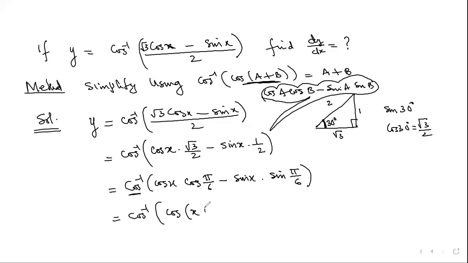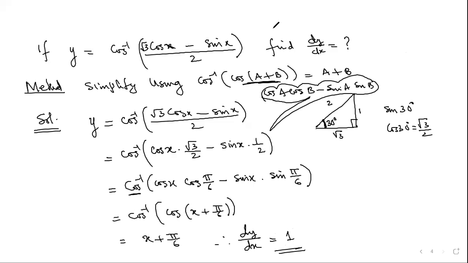Cos inverse of cos of x plus pi by 6, so it became x plus pi by 6. Therefore dy by dx is 1. Yes, Chirag, you will get x plus pi by 6 and you differentiate, 1. Yeah, good.